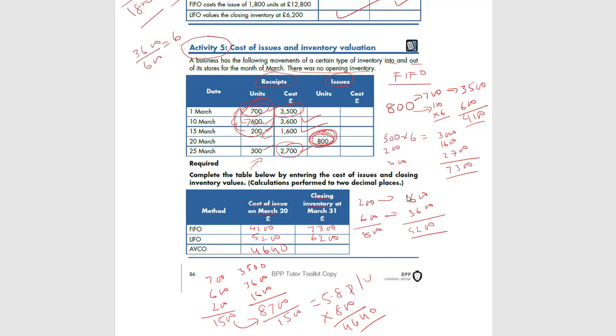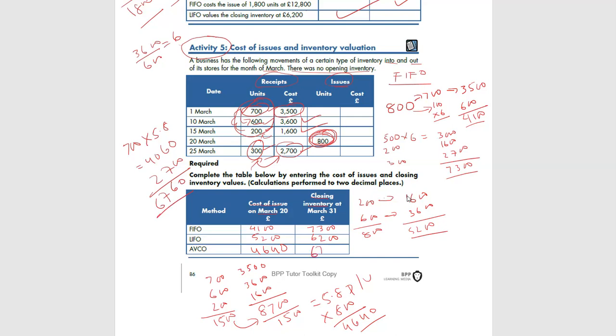So 700 times 5.8 gives me 4060. And we also have 300 units at 2700, so plus 2700, and that gives me 6760. So 6760 is my closing inventory value.